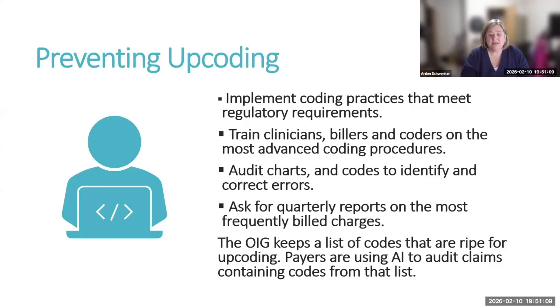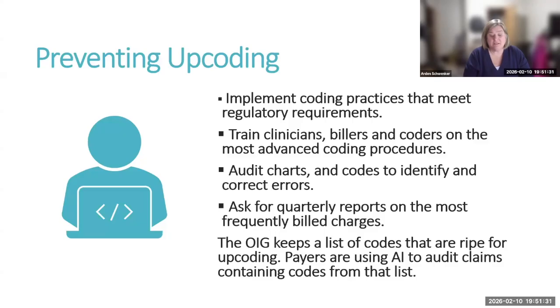But what we're seeing is the payers are using AI to keep a list of how many times a practice bills 99215 or how many times a provider in a practice bills 99215. And then they'll start asking for chart notes on every single one of those claims.